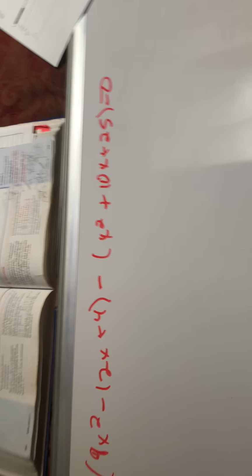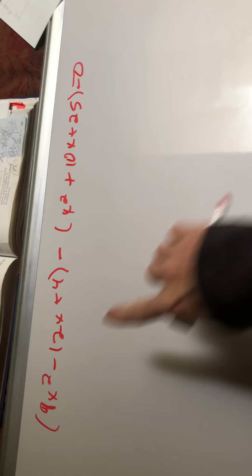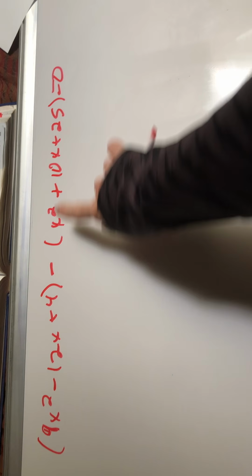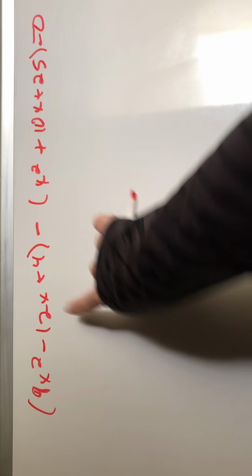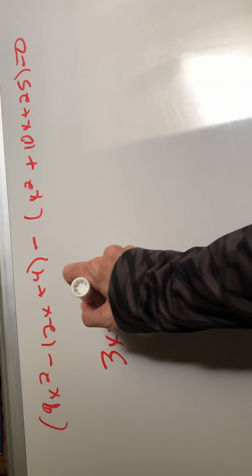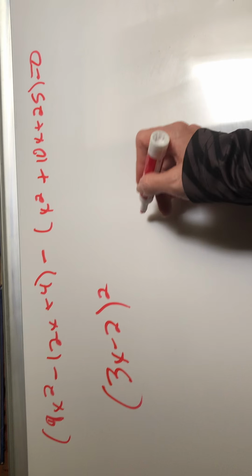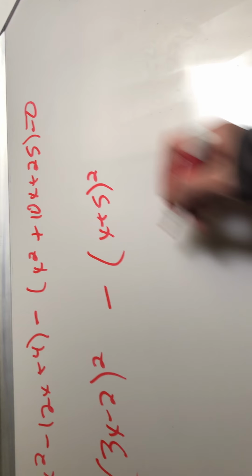That's a 9. What's going to happen, the way these are going to factor, is that both of these are perfect square trinomials. That means you can factor them into binomial squares, and that's the only way this can work. So these have to be perfect square trinomials, which means this one would factor into 3x minus 2 all squared minus x plus 5 all squared, okay?